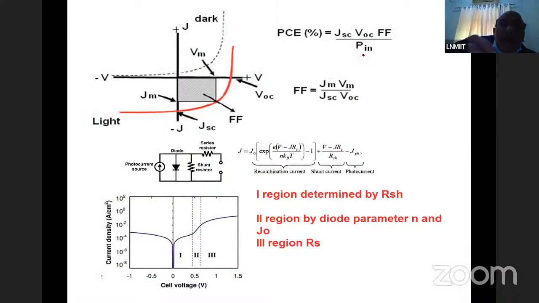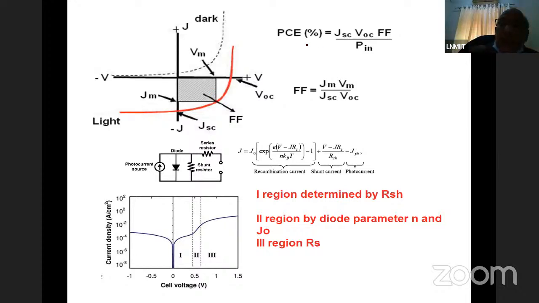Once we fabricate the device, first we have to check whether our device is formed or not. For that, we do the dark current-voltage characteristics experiment. This is the dark curve. Once we illuminate the light, this is your short circuit current, this is your open circuit voltage VOC, and this is the maximum power point.